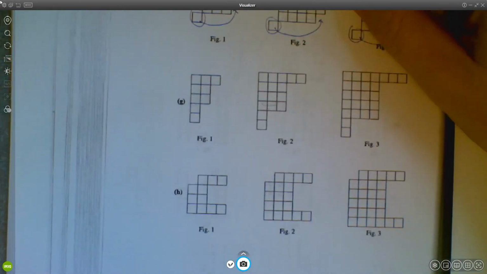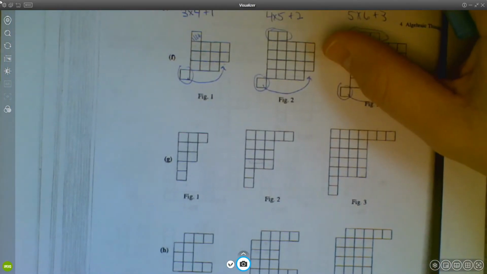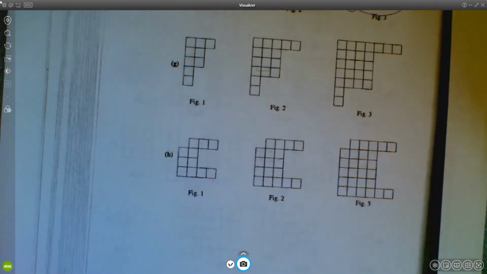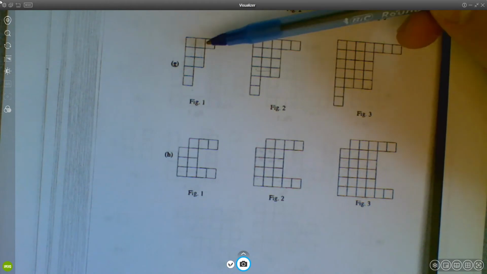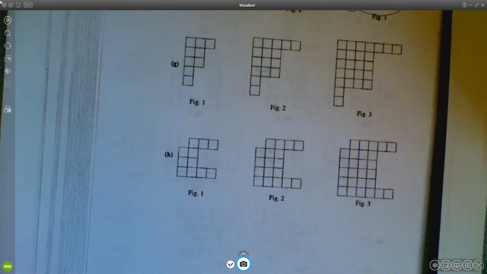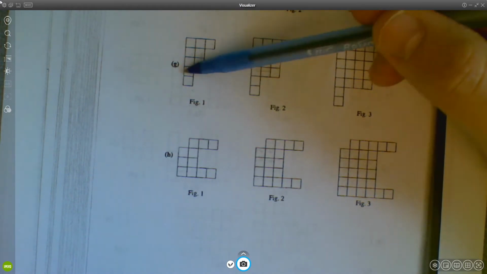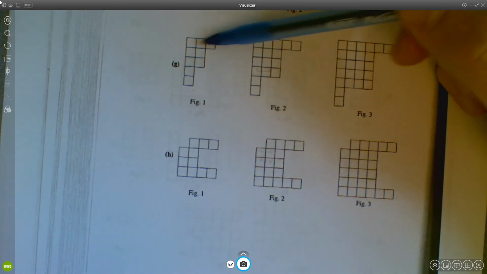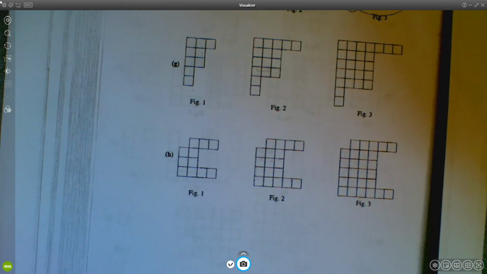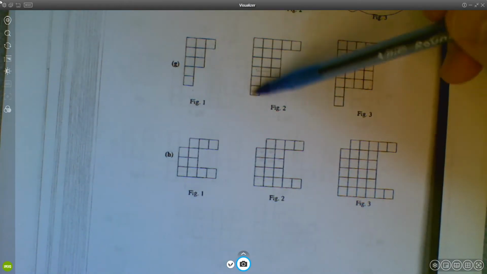Anyway, how can we do this? If I stick to my strategy in part F, one thing I might think about is how I can move around the tiles to make each of these look as close to a rectangle as possible. For the first figure, I could take these 2 and move them and fill them in right here, and then I just have a 3 by 3, which is nice. If I try that on figure 2, it doesn't quite work out.